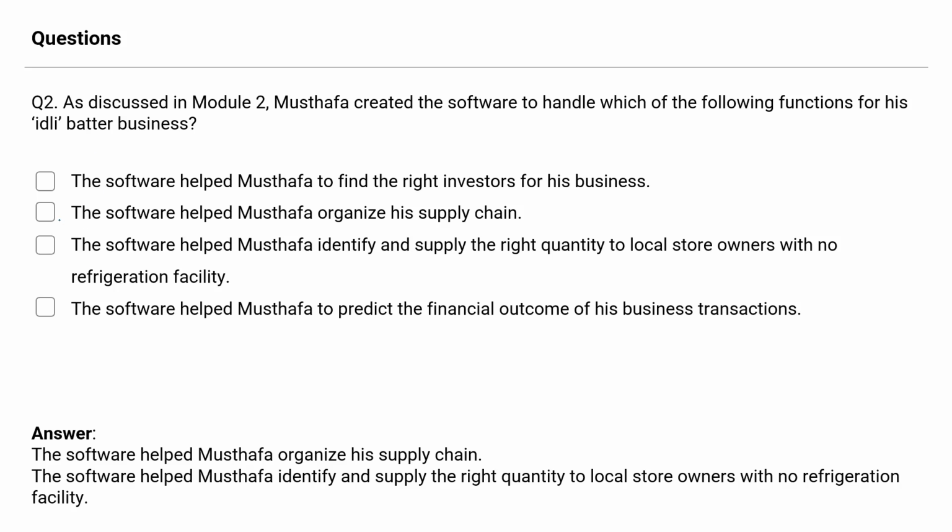So the correct answer is, first of all, option B, and C. Right? Software helps Mustafa organize his supply chain. Software helps Mustafa identify and supply the right quantity to local store owners with no refrigeration facility.